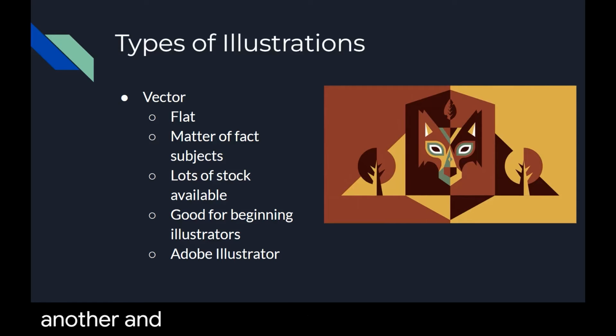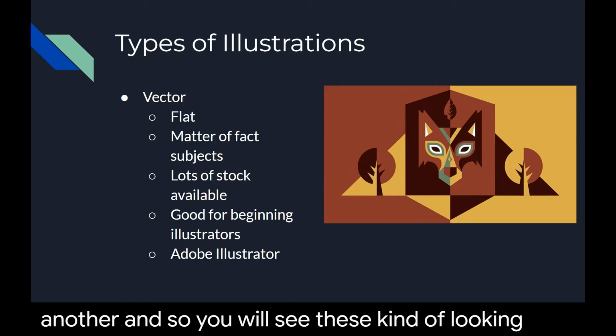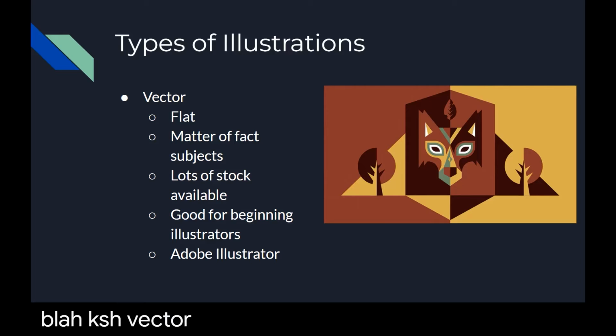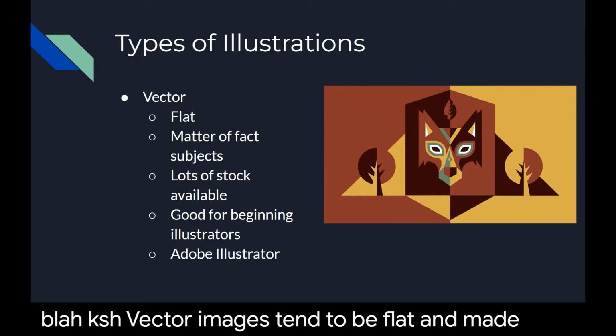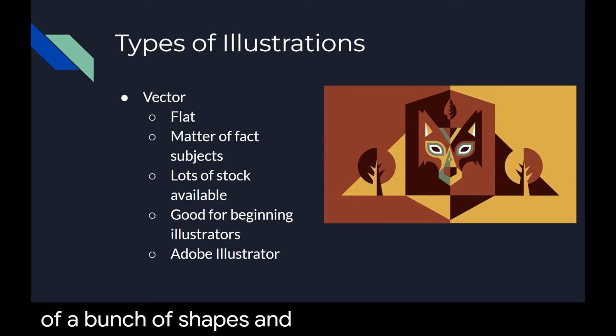And so you will see these looking very blockish. Vector images tend to be flat and made up of a bunch of shapes. And so vector images are very good for matter of fact subjects.